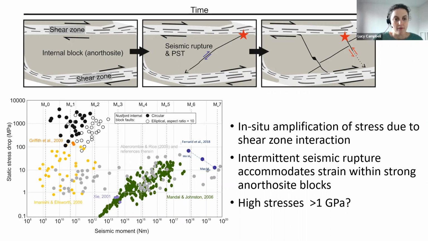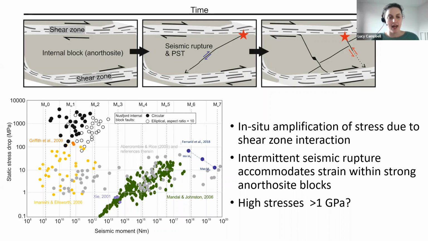And when we did some approximate calculations as to roughly what magnitude of stress drops we would get, this is shown on the graph in the black and the white circles for different fault geometries, the stress drops which are coming out of these approximations were pretty high. So about the gigapascal magnitude, and that's much, much higher than most seismic events in the upper crust, for example, will be proposed to have. So that's very approximate, but it was interesting.